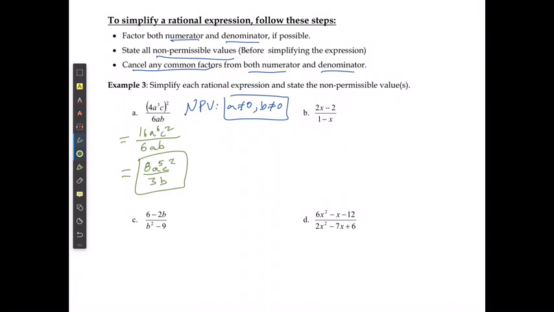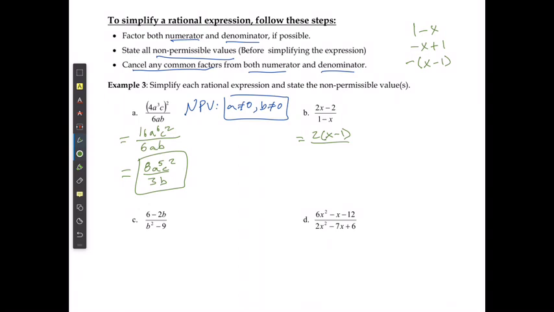For b, I'm going to start by factoring out the top, and I'm going to get 2 and x minus 1. On the bottom, I know that I have this 1 minus x, which is the same as negative x plus 1. If I want to make it match the factor that I have on the top here, I'm just going to divide out a common factor of negative 1 and wind up with negative x minus 1.